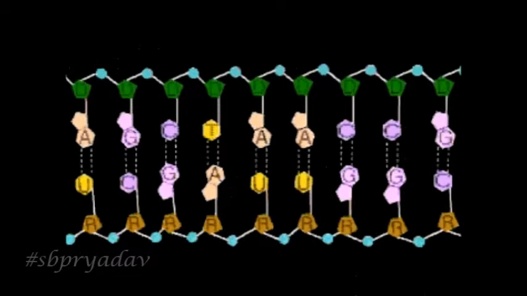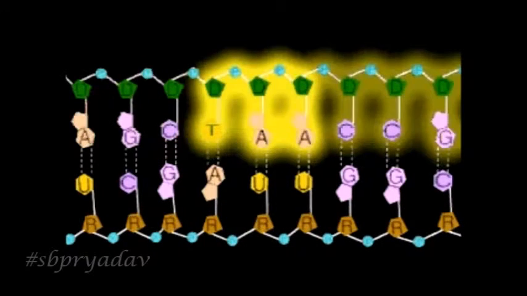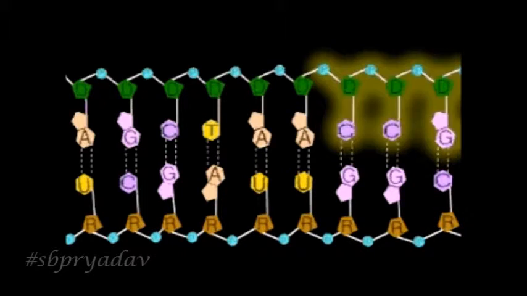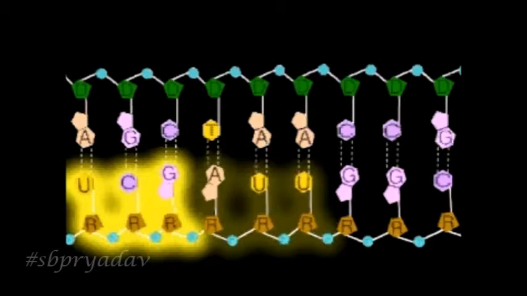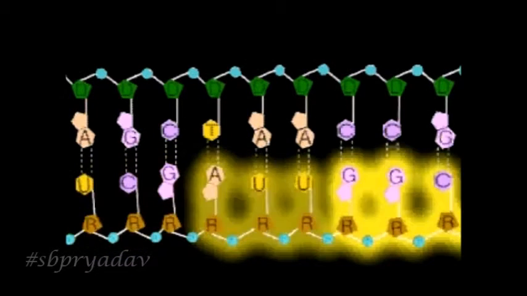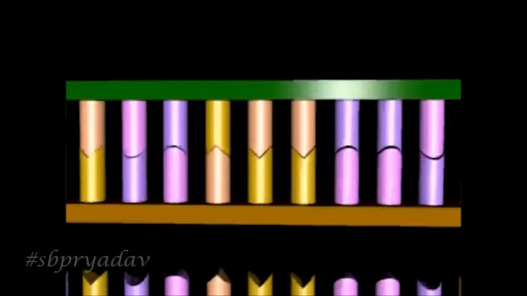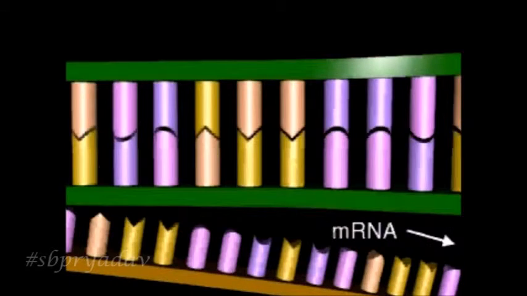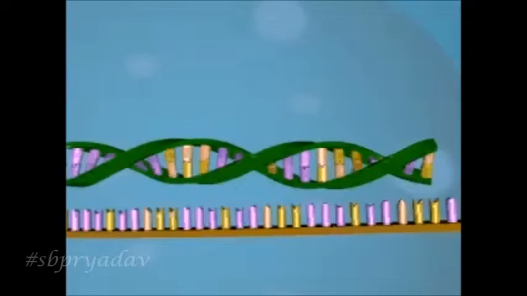Thus, if a sequence of codons on the DNA strand were AGC, TAA, CCG, the sequence of codons on the RNA strand would be UCG, AUU, GGC. When the process of base pairing is completed, the mRNA molecule breaks away as the DNA strands rejoin. The mRNA leaves the nucleus and enters the cytoplasm.